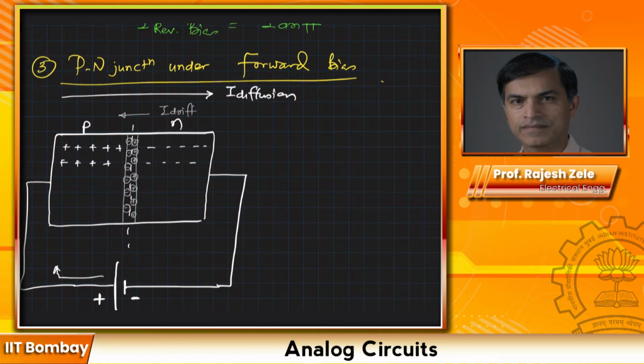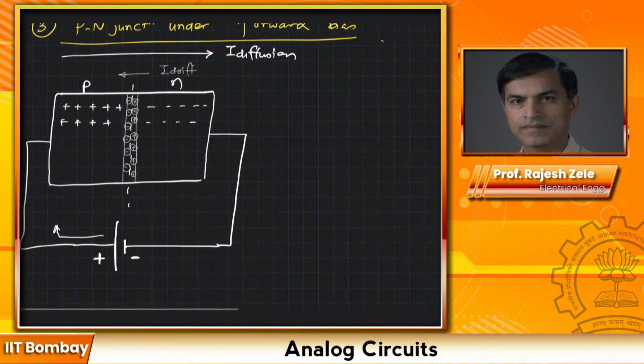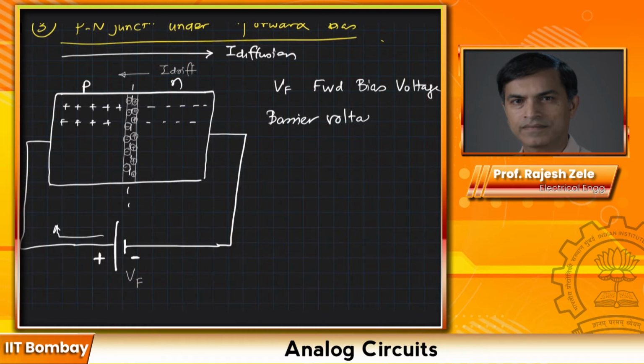Okay. And as I said again, we introduce this forward bias voltage. Let's call it VF. VF is our forward bias voltage, and our barrier voltage will now change.